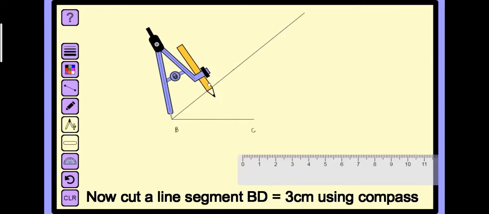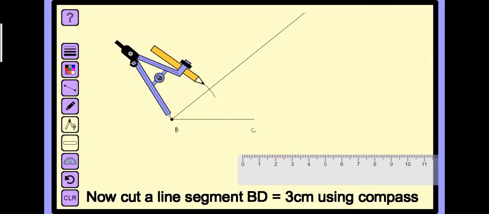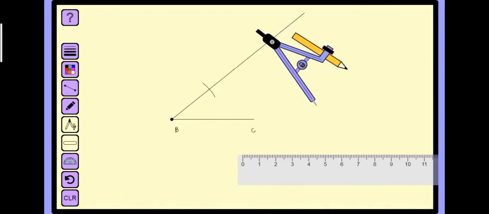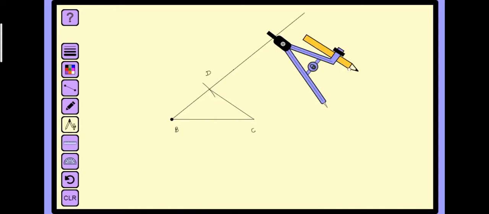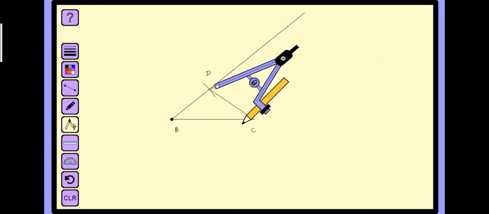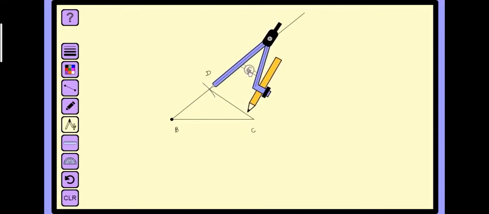So from point B we draw an arc of 3 centimeter and label that point D, and then join CD. Firstly draw BC 5 centimeter, base angle 40 degree, then mark D at 3 centimeter, whatever the difference is given.